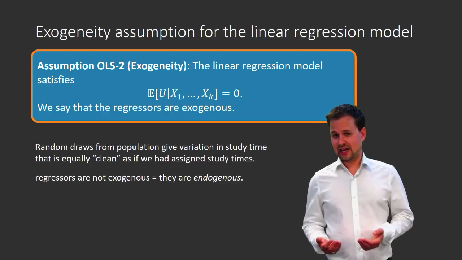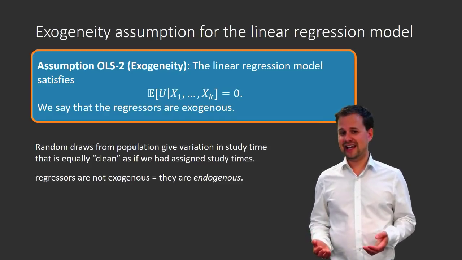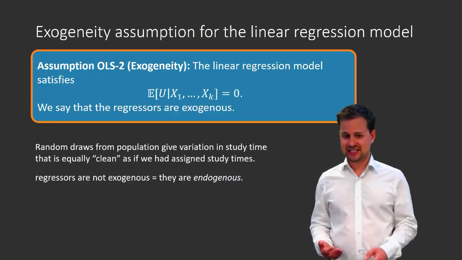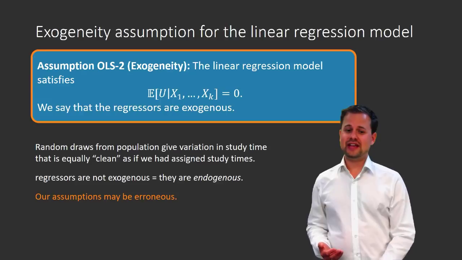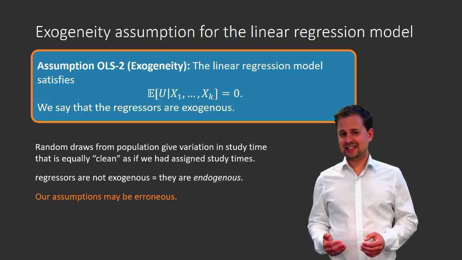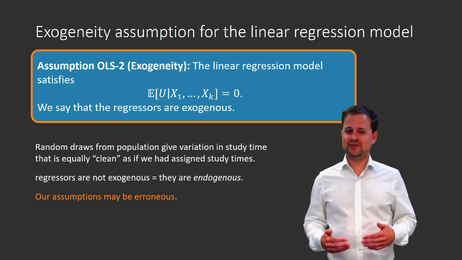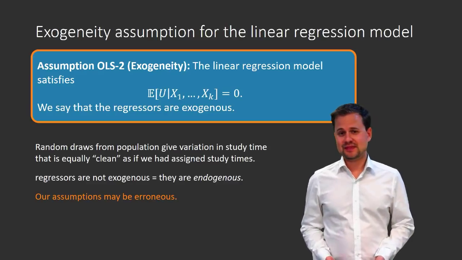Now is a very good point to point out that our assumptions are just that, they are just assumptions, and in particular they may be wrong. And just by me stating those very confidently, that doesn't make them true.